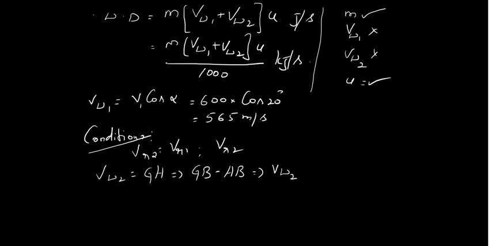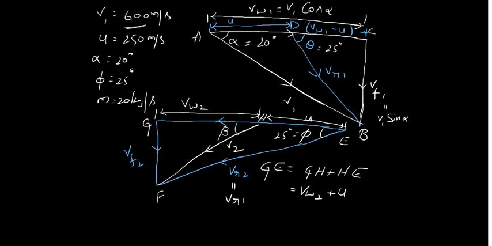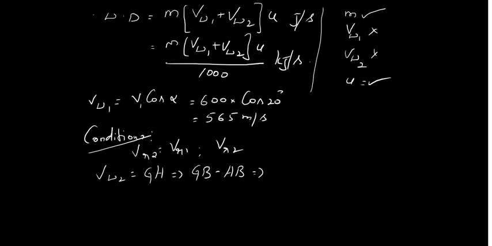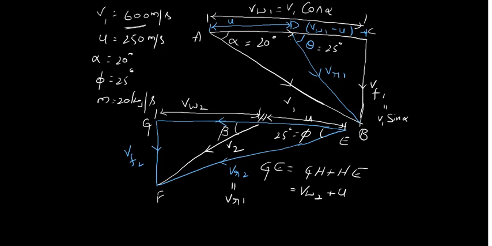Then what is GB? GB is VW2 plus U. What is HB? U. Cross check, HB is nothing but U. Right.